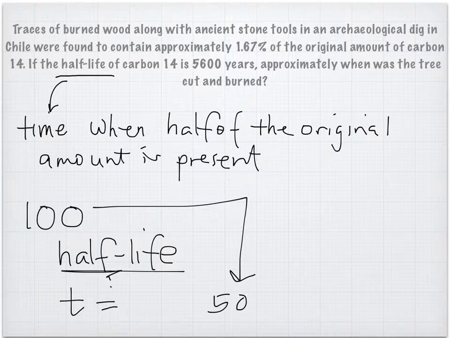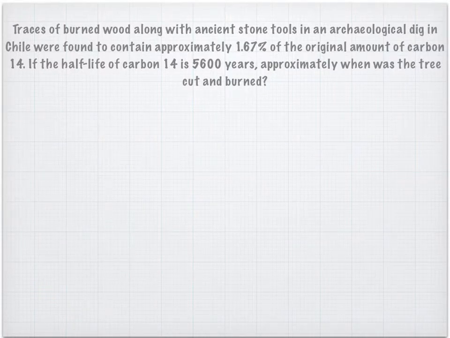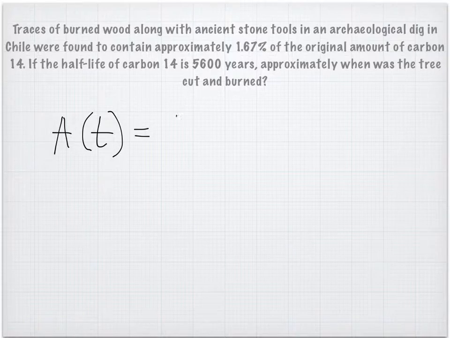Okay, so note this is an application of exponential decay, so the amount will be decreasing until it reaches 0 after some time. Now, since exponential decay problems will use the function A(t) equals the initial amount times e to the negative kt.